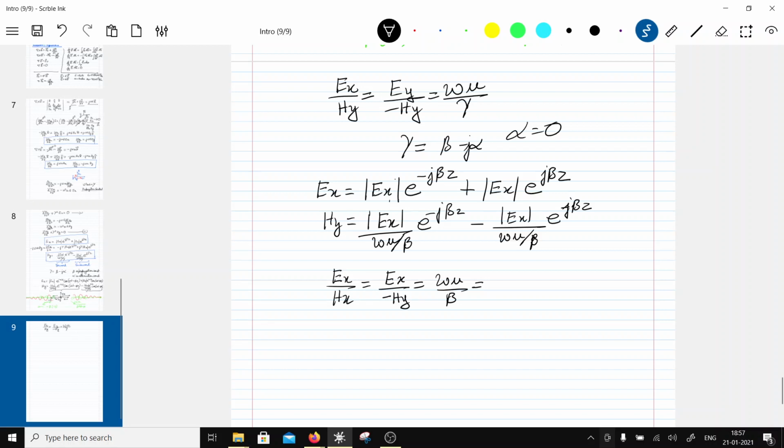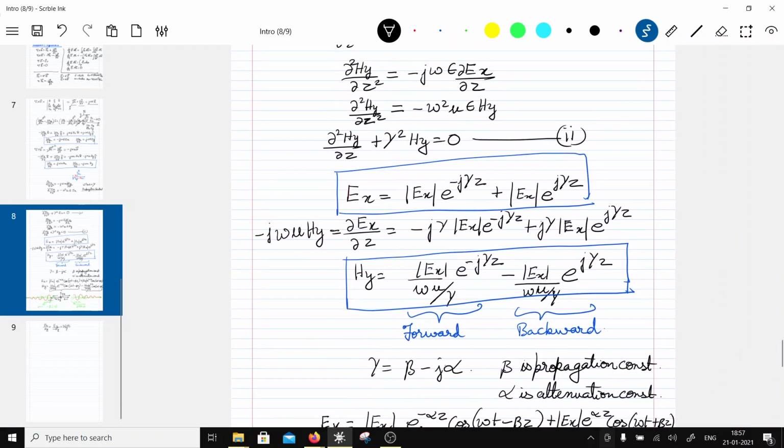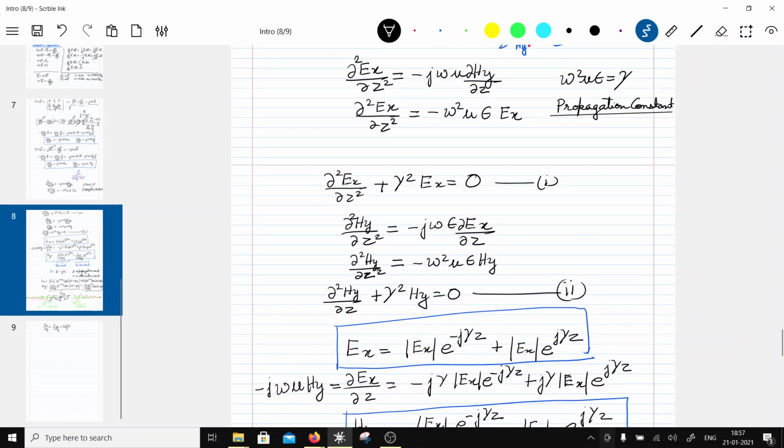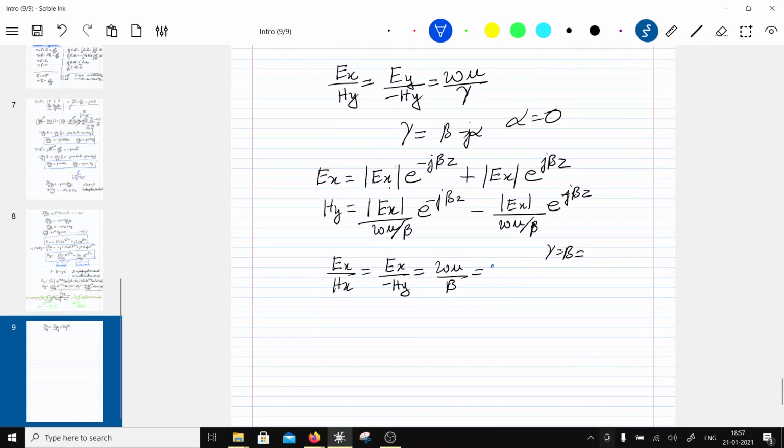So basically gamma is equal to beta, equal to omega root of mu epsilon, so this is gamma, right? Now this will be omega mu by omega root of mu epsilon, correct?